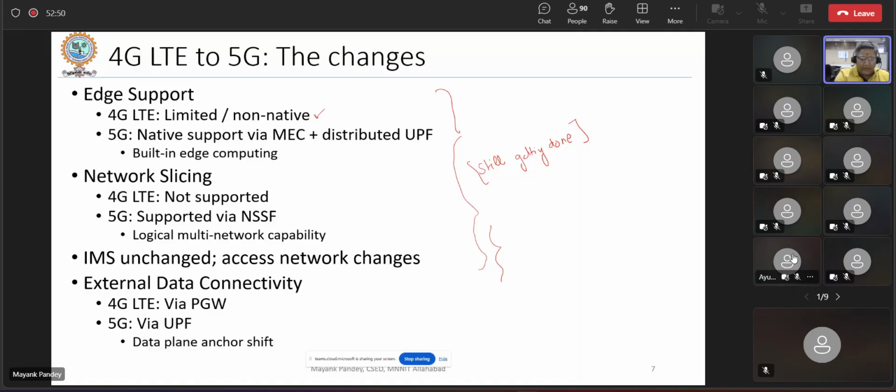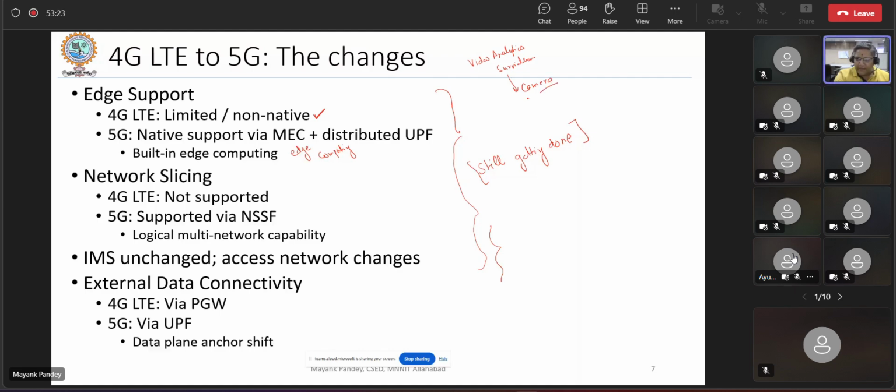In 4G, there was no edge computing support. In 5G, we do have edge computing support. When I say this, it's like, suppose you have video analytics surveillance running by a camera.